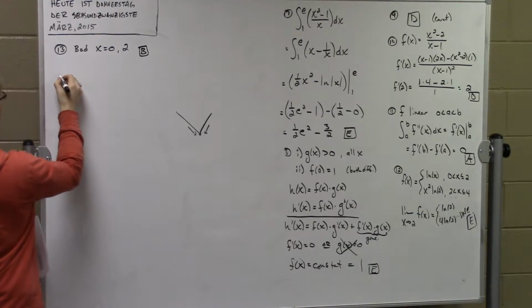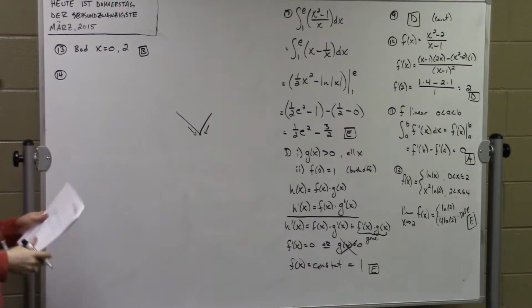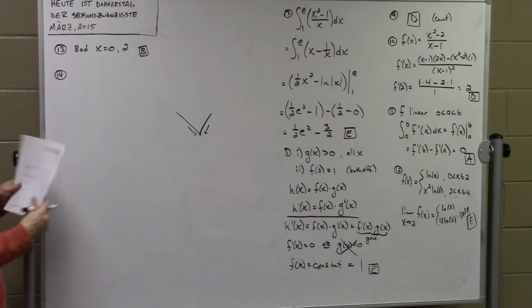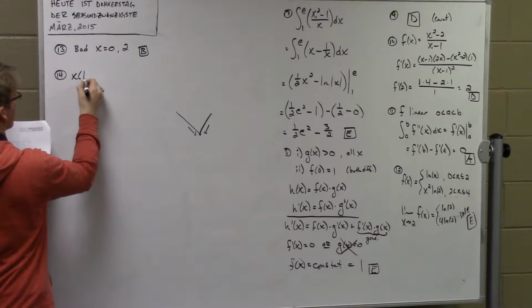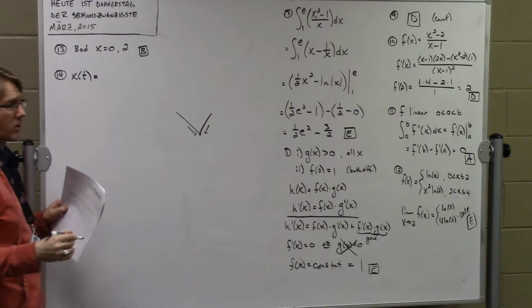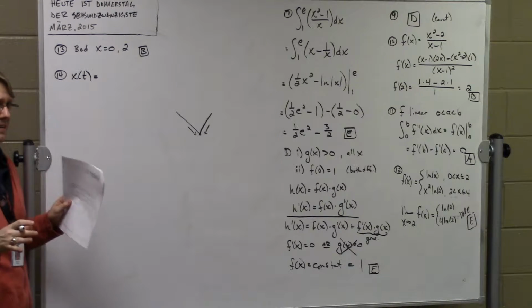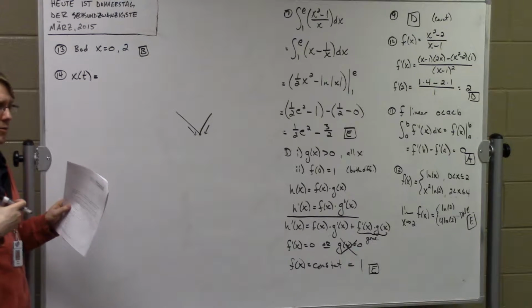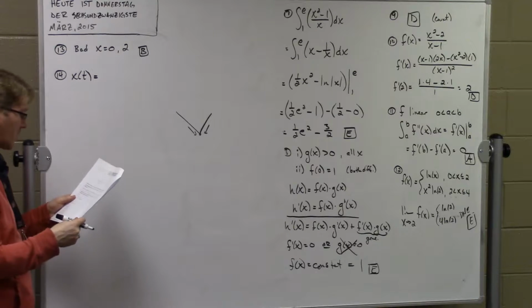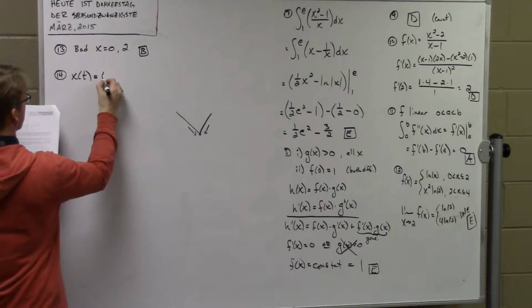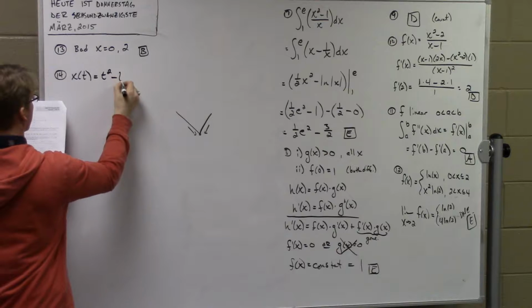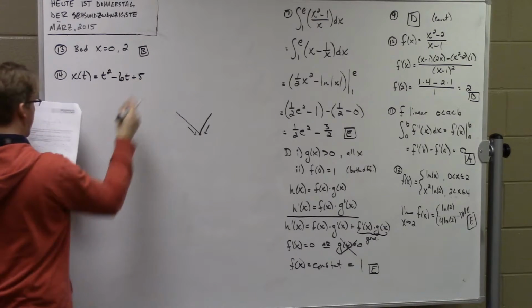A particle moves along the x-axis so that its position is given by this. Notice how they like to use x of t or s of t for their positions. Don't let the x of t bother you, the x is actually a parameter, not a variable anymore. x of t is t squared minus 6t plus 5.